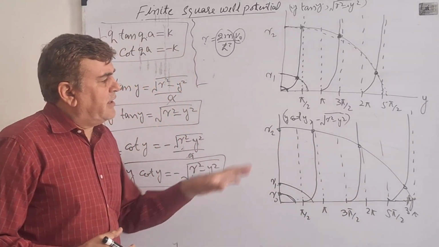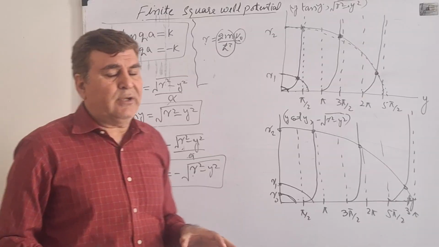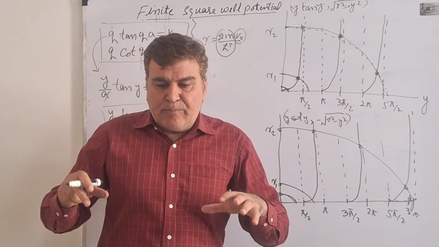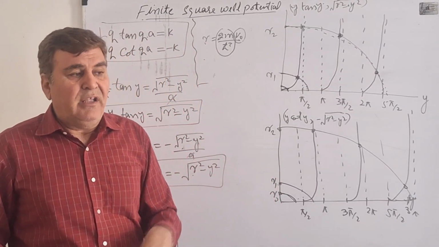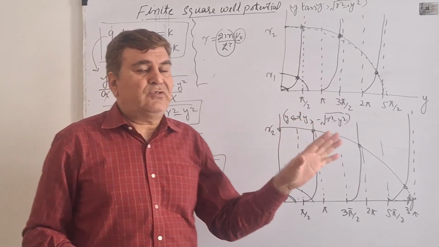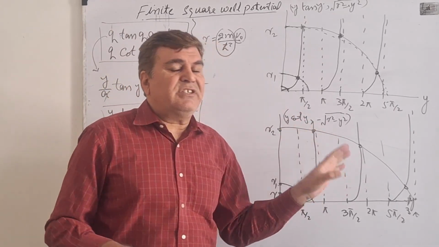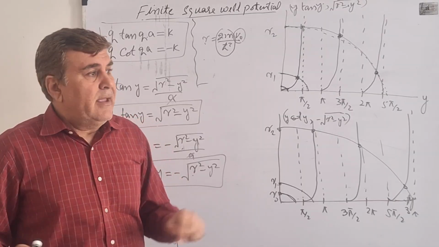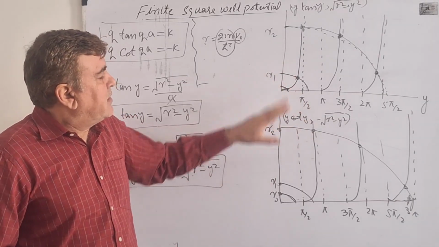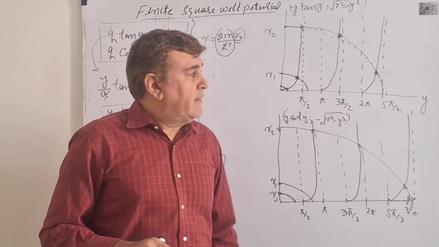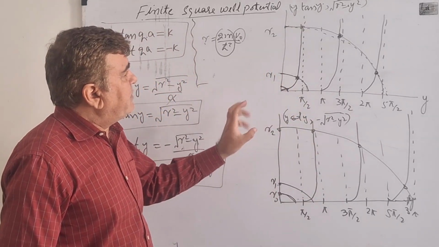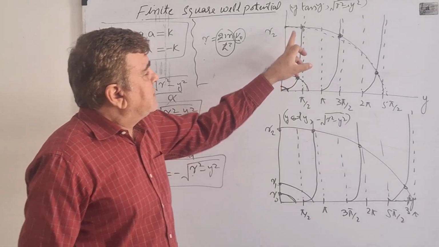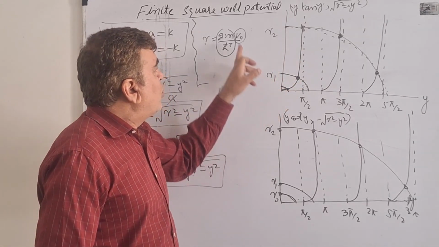We can make further analysis like this and can prove that when the depth of the potential becomes infinite, the eigenspectrum reduces to the eigenspectrum of the infinite potential well, and we can do some other analysis as well. But that's the bound states, and we see that the bound state depends on V naught.